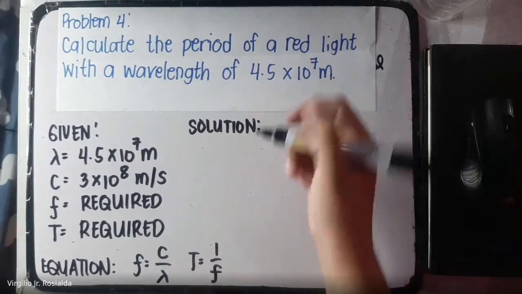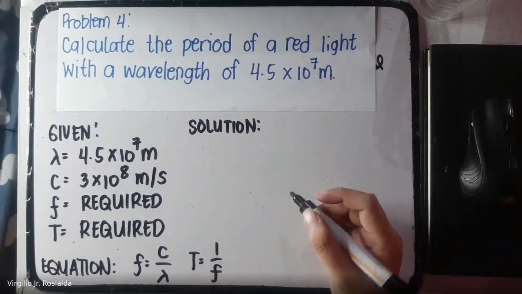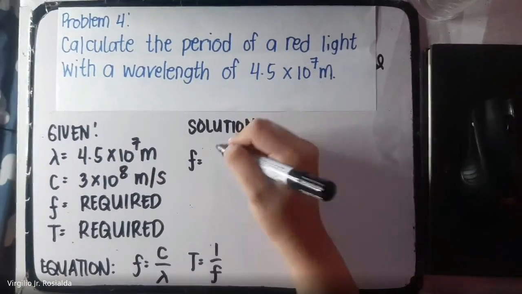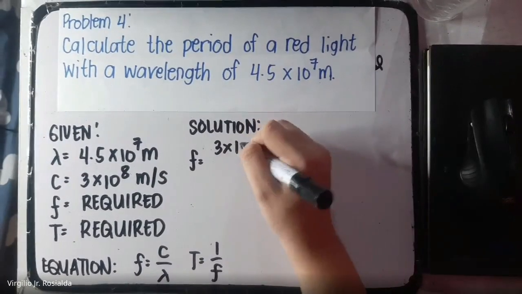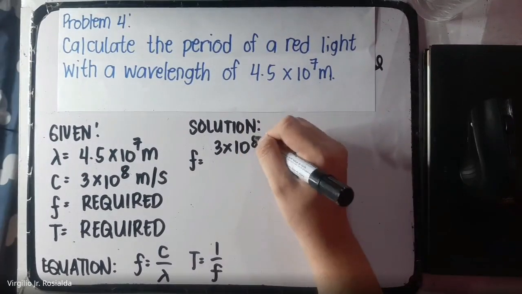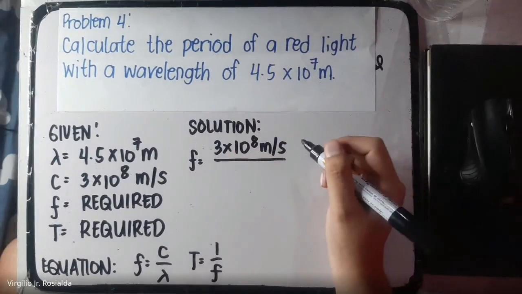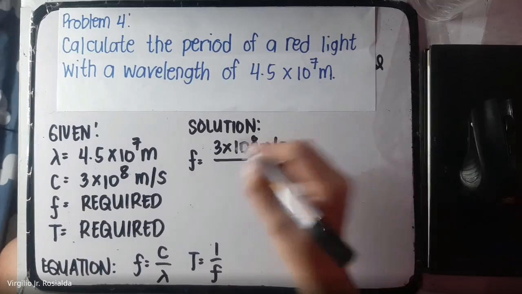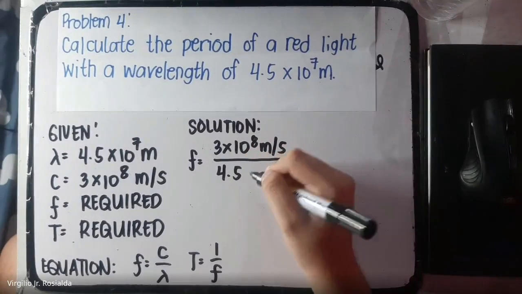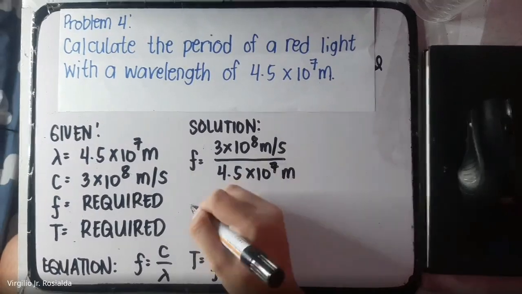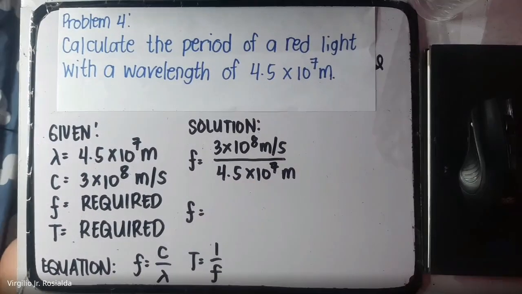Okay. So for the solution, frequency is equal to, substitute lang natin, 3 times 10 raised to 8 meter per second, divided by our lambda, which is 4.5 times 10 raised to 7 meters. And the frequency there is what?